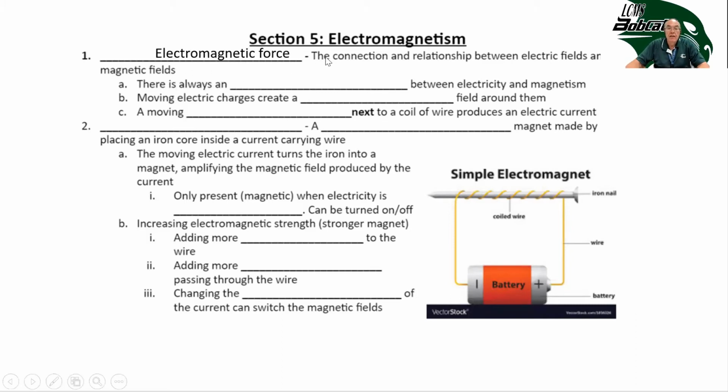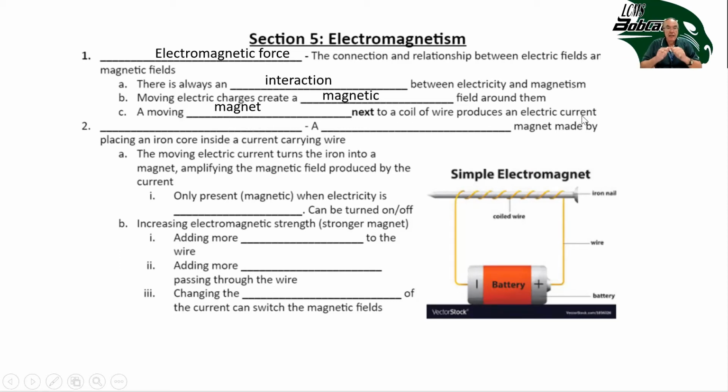So this electromagnetic force is the relationship between electric fields and magnetic fields. There is always an interaction between electricity and magnetism. Moving charges create a magnetic field around them, like we saw with that wire. A moving magnet next to a coil of wire produces electric current.